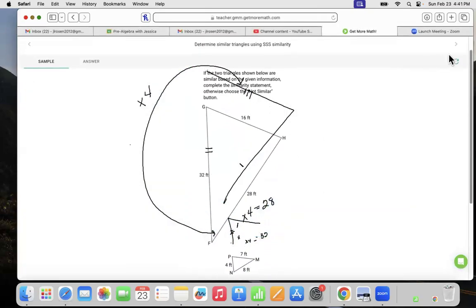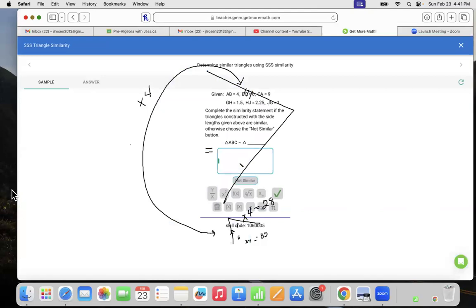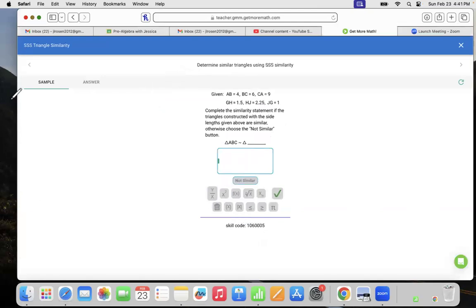Okay. So let's look at another one. So again, a lot of this is just finding a method to the madness. This one here says, given all of these things, complete the similarity statement. Okay. So I'm just going to draw it because again, I'm a visual person, and my longest side is 9 and this is going to be CA. And what I'm going to do is work on it as I go, right? So this is my longest side, which means it is congruent to the longest side here, which is HJ.